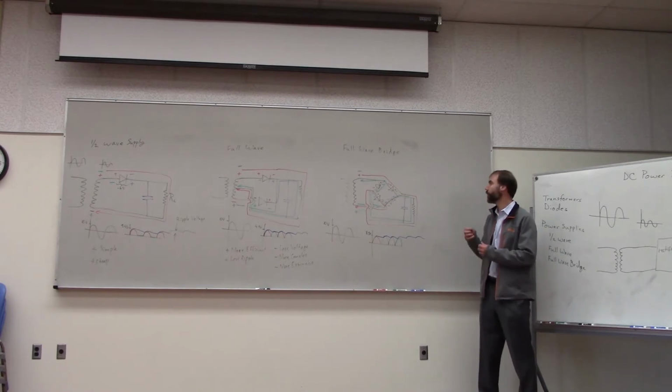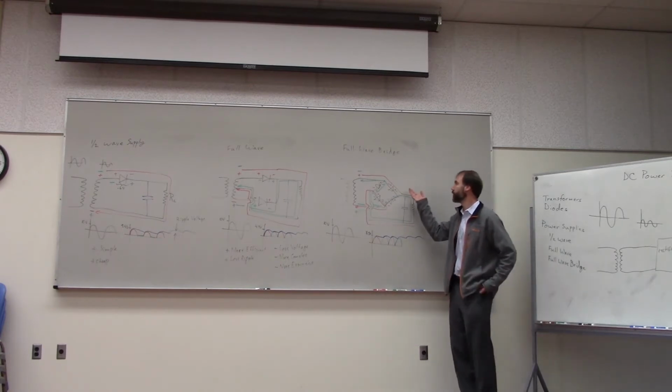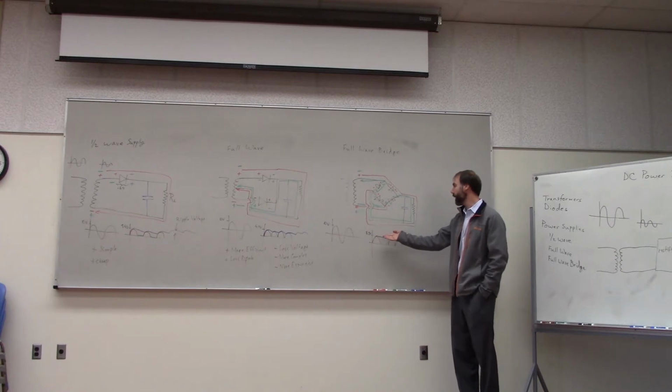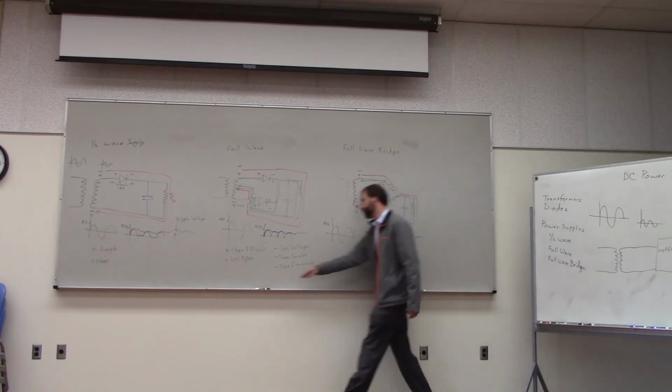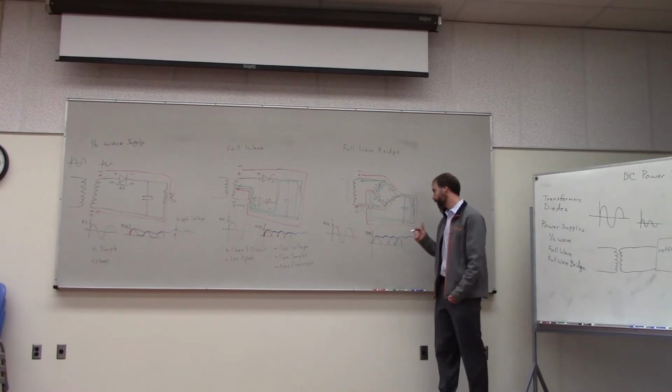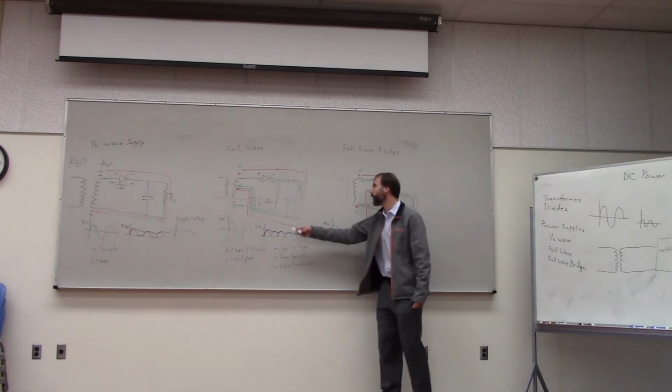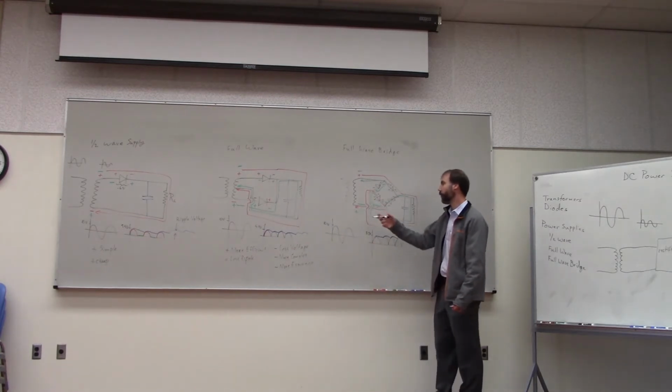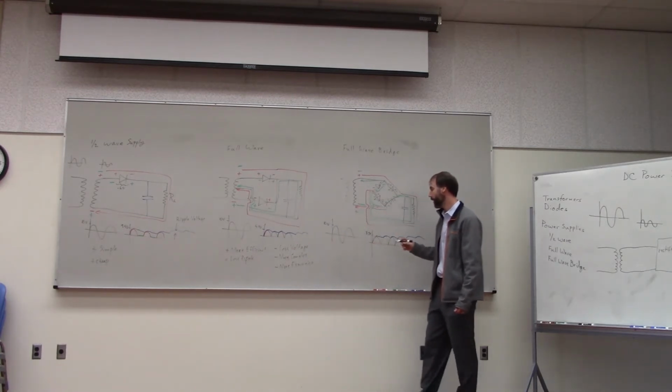What do they use it for? So with this power supply, we see that it has a lot of the good things that we like about the full wave rectifier and not quite as many disadvantages.